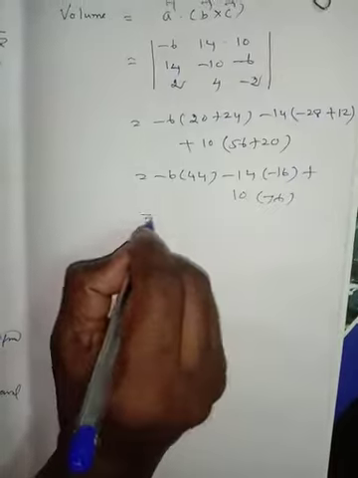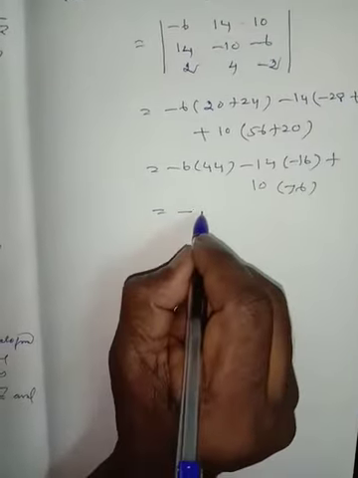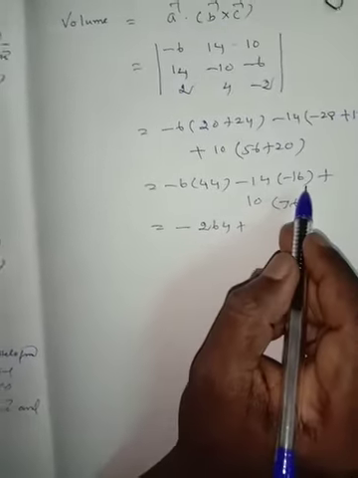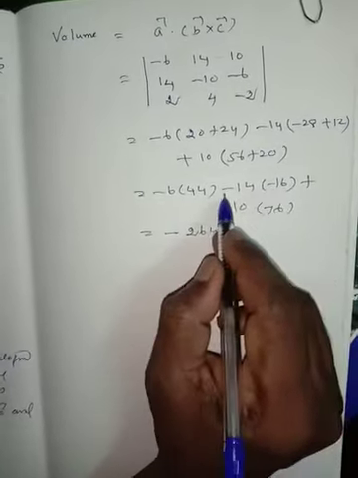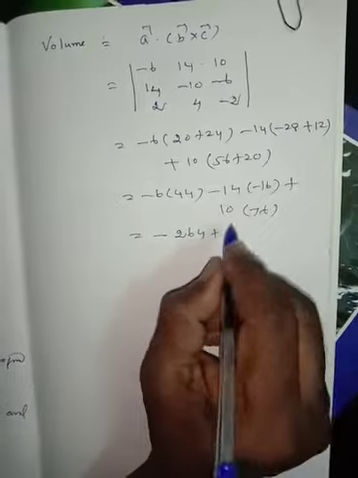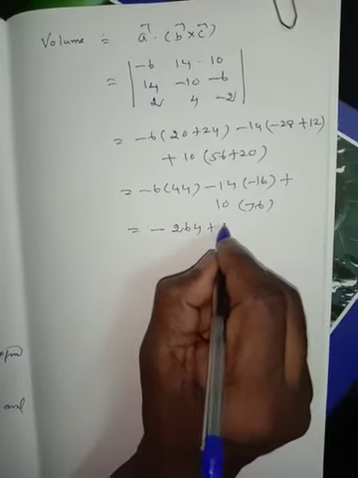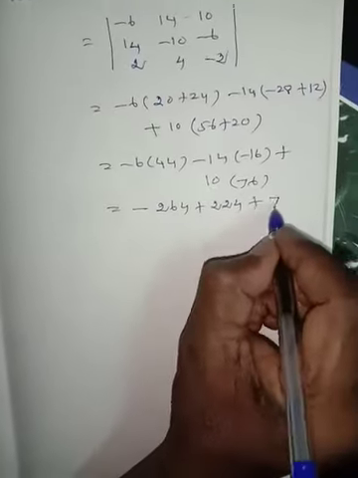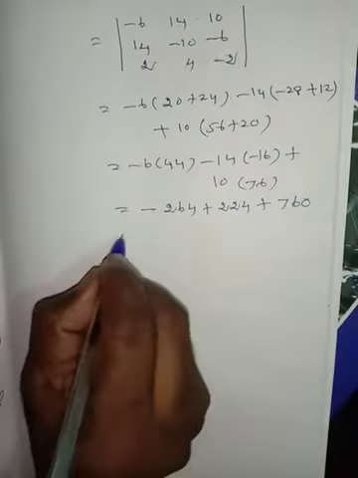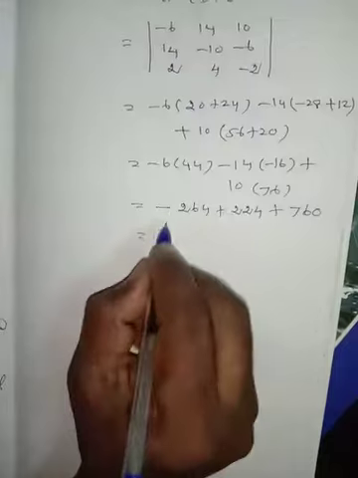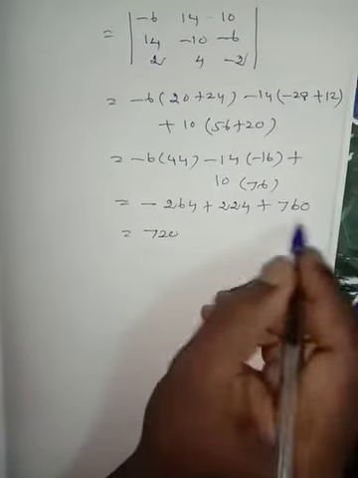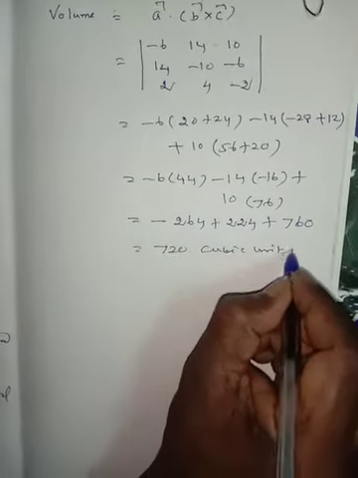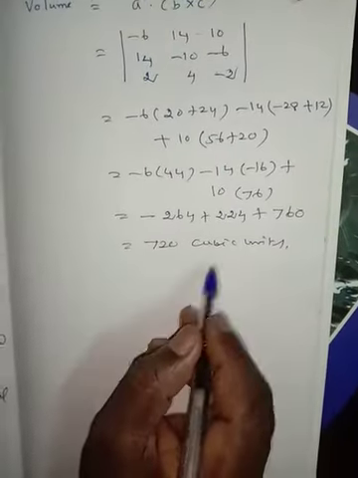Now the product of the first two is -264, plus, since a negative sign into a negative sign is positive, plus 224, plus 10 into 76, which is 760. This is equal to 720 cubic units. For volume we have to write cubic units.